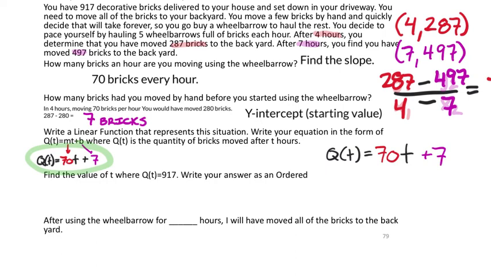So this is asking us, how long will it take? That's the t. We don't know the t in time. How long will it take to move 917 bricks? So in this equation, the Q of t, now we're going to replace with the 917.